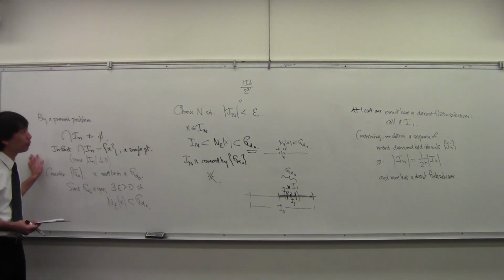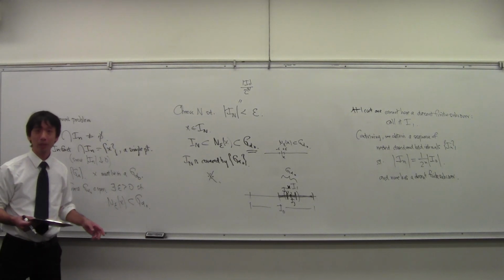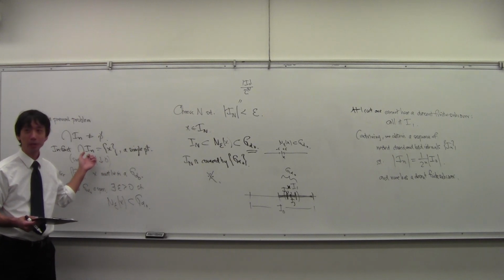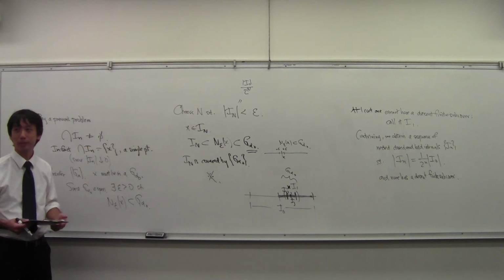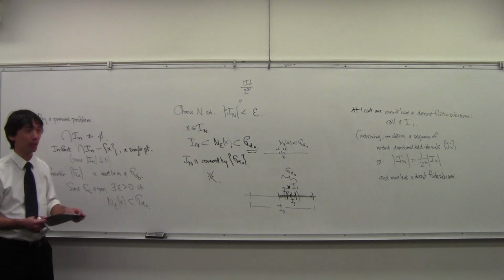Okay, so this is a pretty important theorem that compact sets in R^n are just closed and bounded sets. Compactness is equivalent to being closed and bounded.